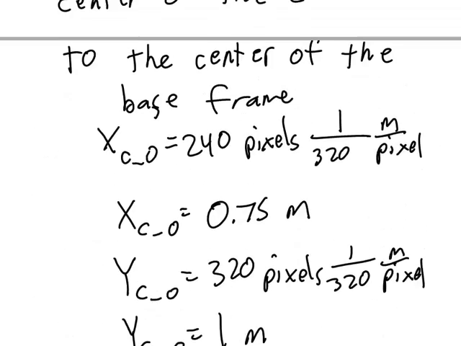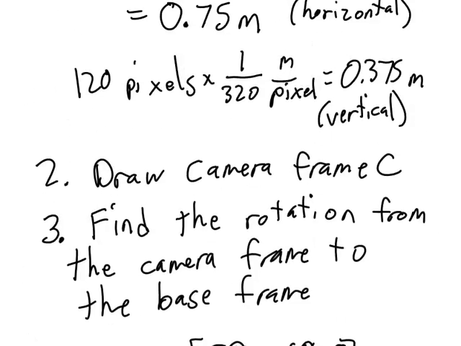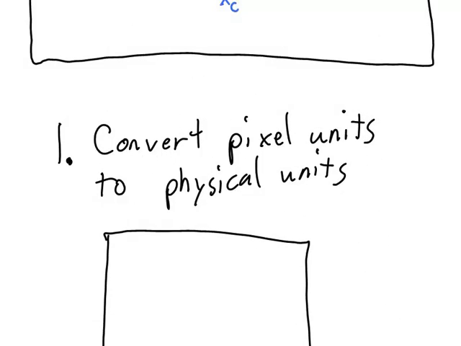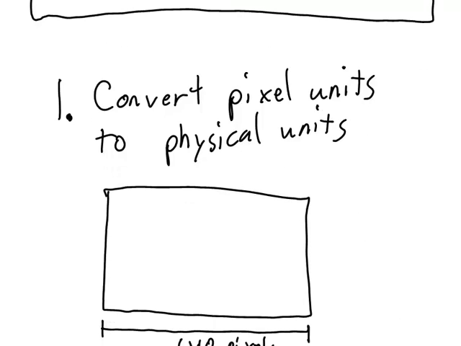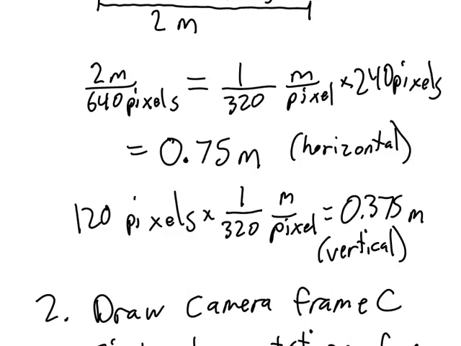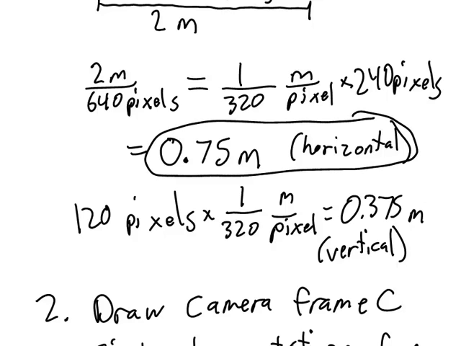We already found the location of a point in the camera frame. We did that back in step 1. In step 1, we converted the pixel units of the object we want to find the location of to physical units. And what we came up with is the location of a point, horizontal and vertical, that we want to transform from the camera frame to the base frame.